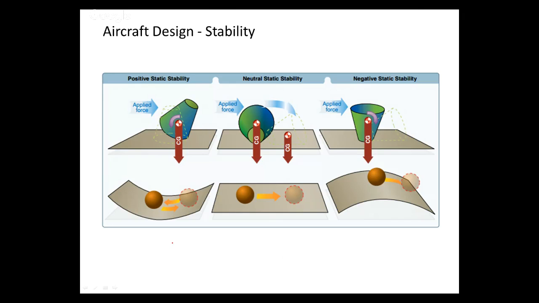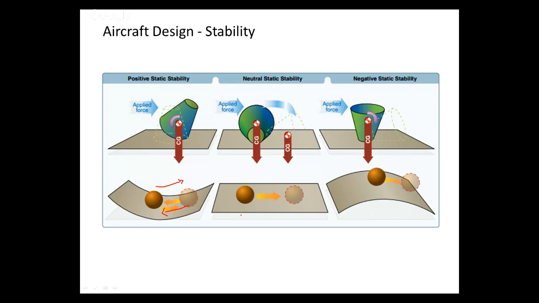Positive static stability: these pictures are simplistic, kind of dumb, but they really do a nice job explaining. If you take an object like a ball and you push it on this curved ramp in this direction, if it exhibits what's called positive static stability, the ball will initially return back to its normal position. That's known as positive stability.